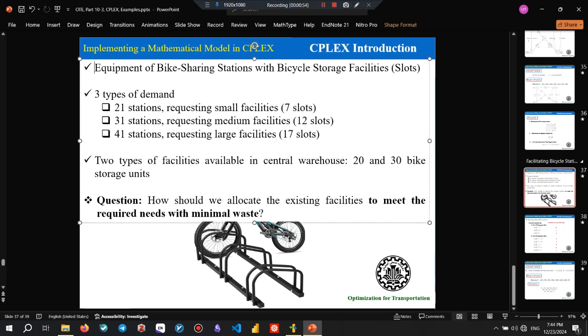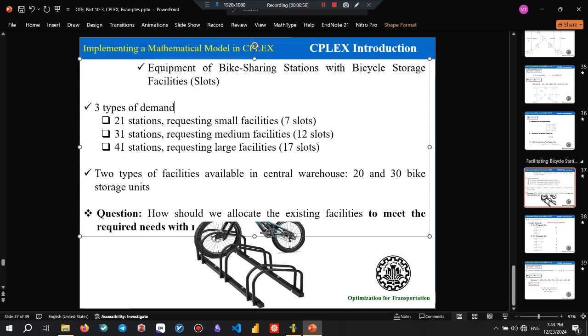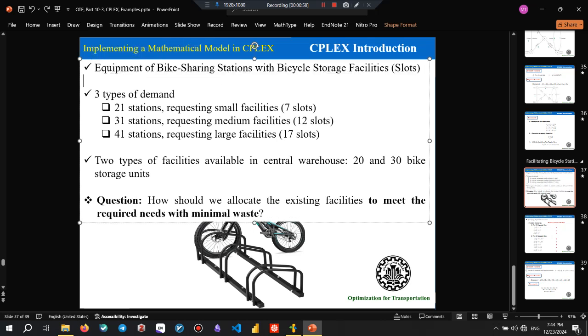The problem is about the equipment of bike sharing stations with bicycle storage facilities, or as they are called, slots. These are the slots which bicycles are put into and locked into.